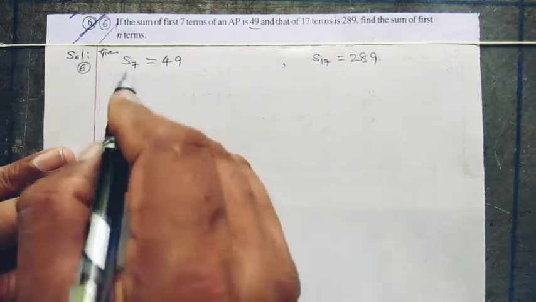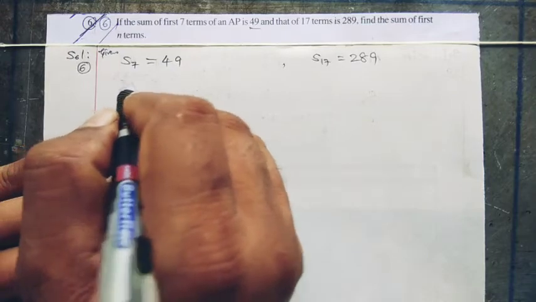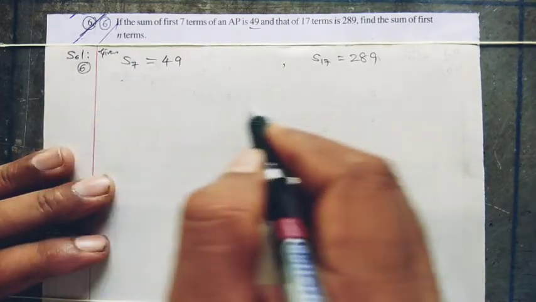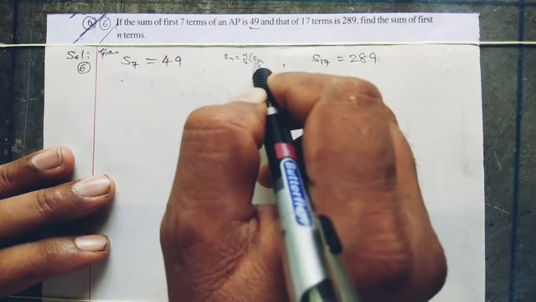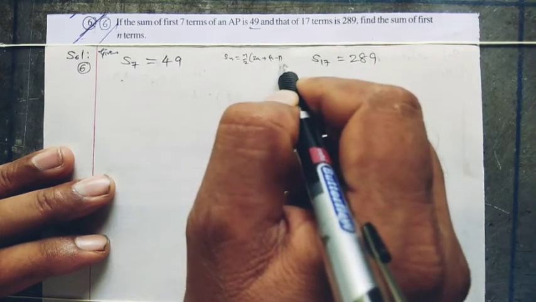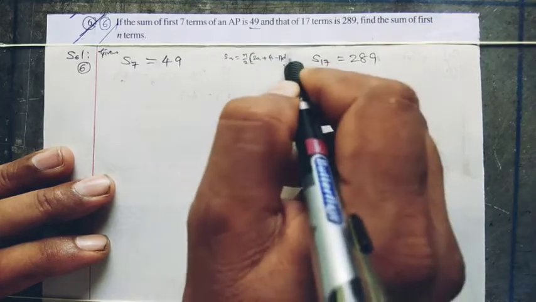So S7 is equal to, we know the formula, Sn is equal to n by 2 into (2a plus (n minus 1) into d). So this is the formula.